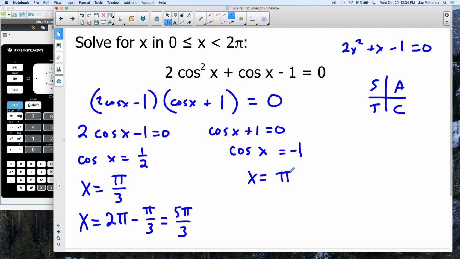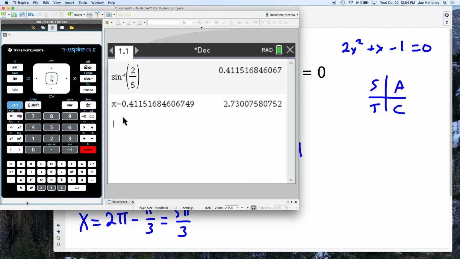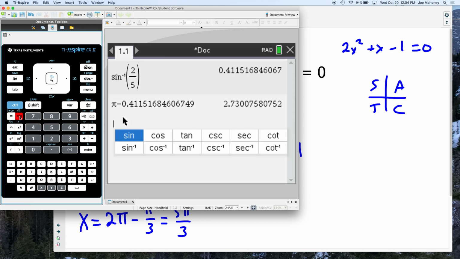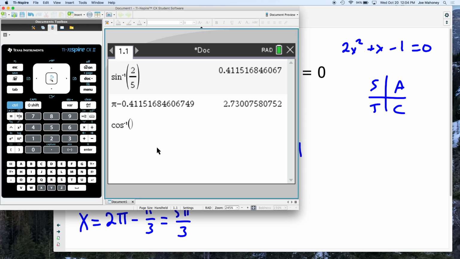You can solve that equation in your calculator if you wanted to as well. If you're in radian form, I don't think it's going to give you pi. Let's check it out and see what it's going to give us. If I do inverse cosine of -1, okay, it does give me pi. Cool.